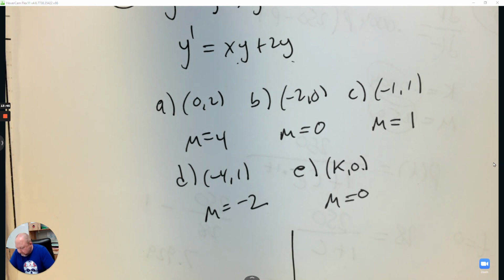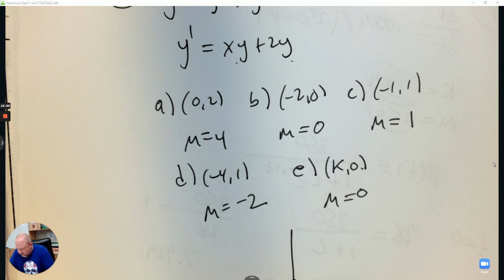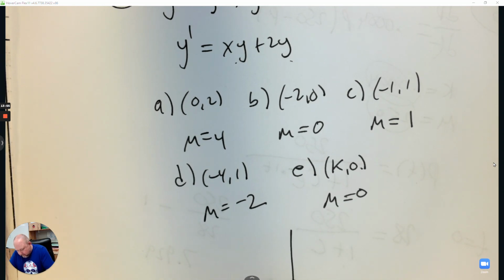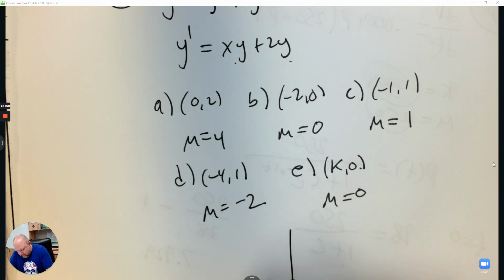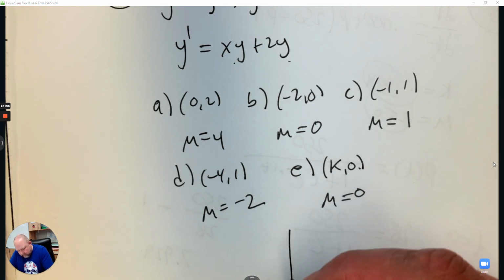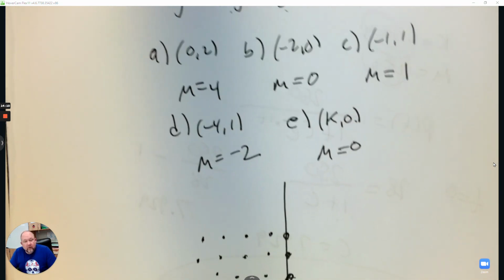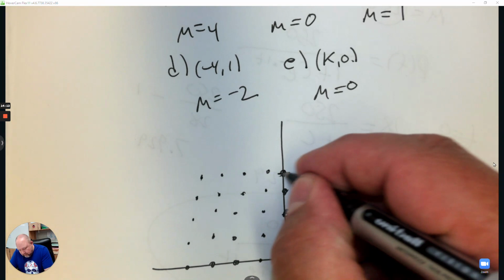How many goes up? 4. 1, 2, 3, 4. 1, 2, 3, 4. 2. So when y is 0, the slope is 0.